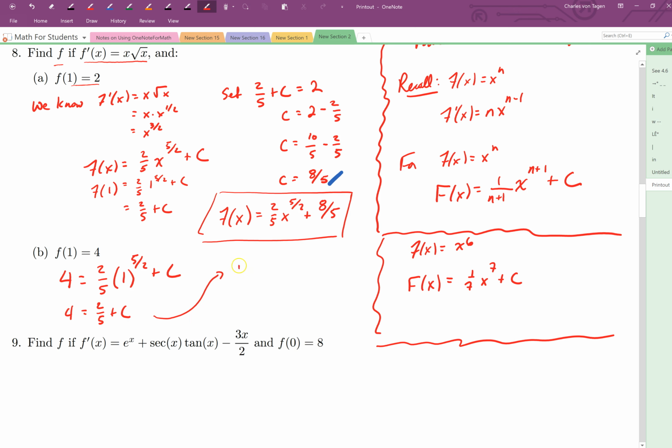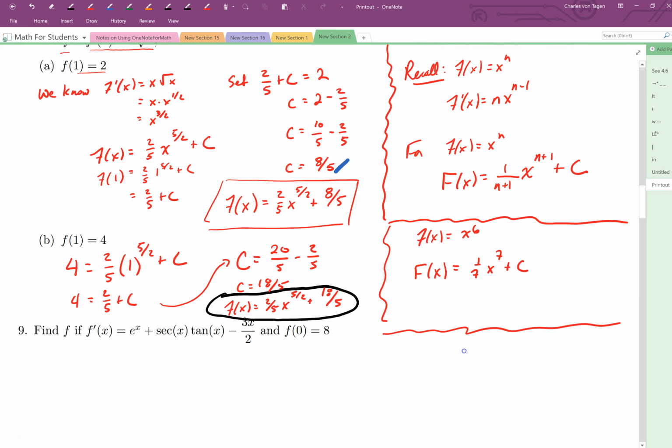So we find that c is equal to, well, 4 is 20 fifths minus 2/5, so we get that c is equal to 18/5. So what's our answer? Our answer is the function f of x is equal to 2/5 x to the 5/2 plus 18/5. So that's our answer to the second part.